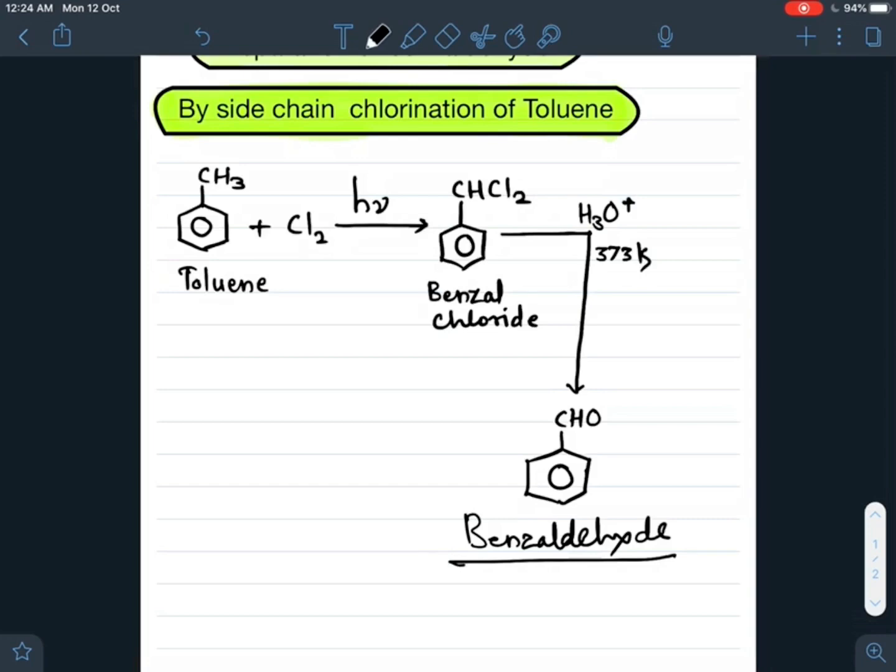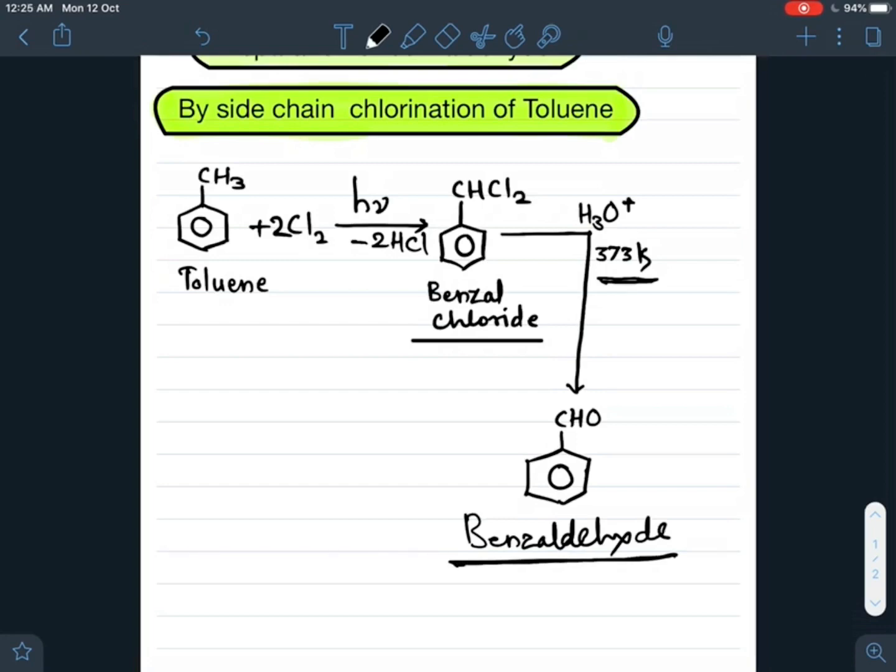So here we require two molecules of chlorine to balance the reaction. Removal of HCl twice, we can write minus HCl on the arrow. Benzyl chloride is formed as an intermediate and it further undergoes acid hydrolysis at high temperature, about 100 degrees Celsius, that is 373 Kelvin. Finally we get benzaldehyde.